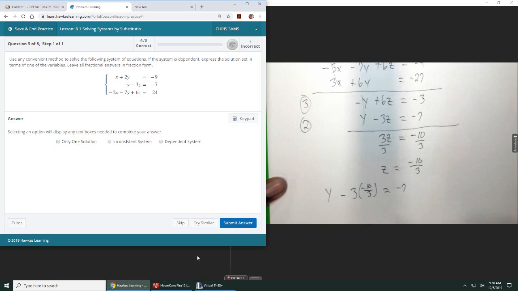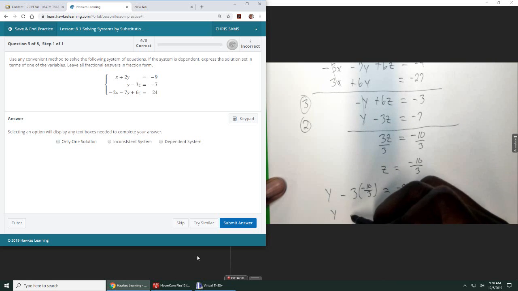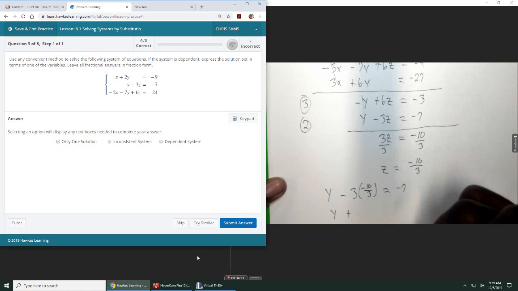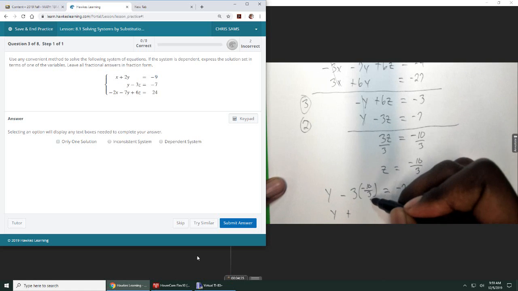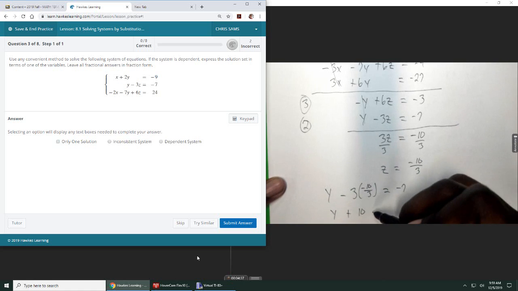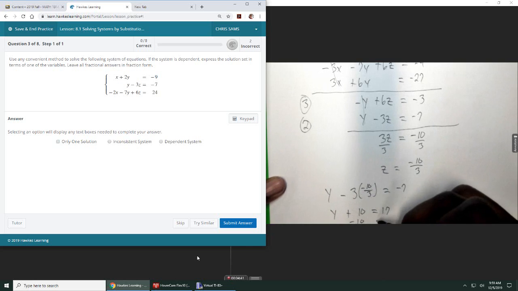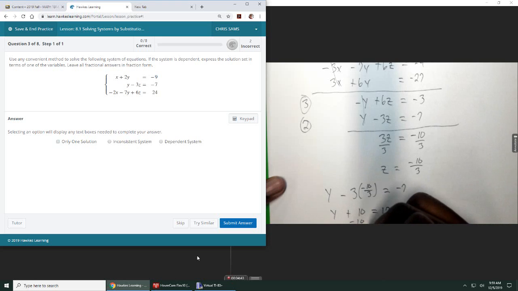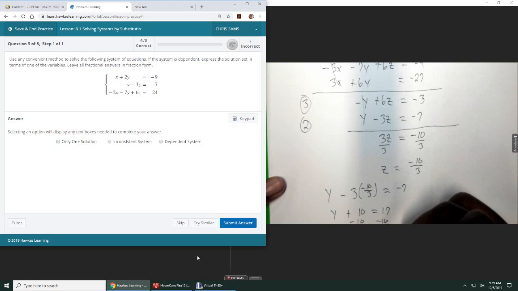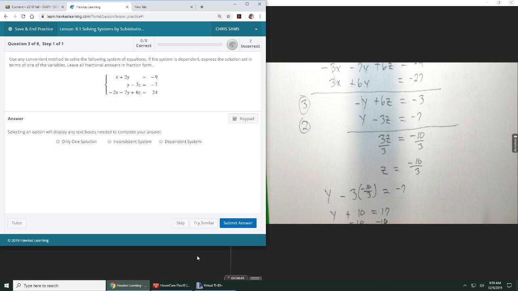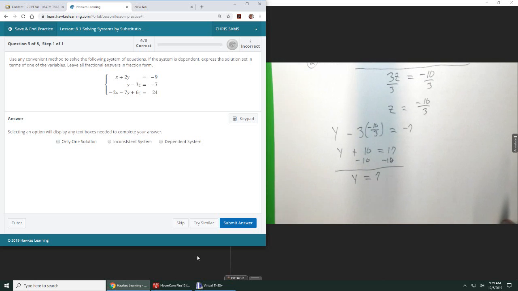And then when we do the math here, we end up with y plus, because the negative times the negative is a positive, 3 divided by 3 will go away, and we'll end up with 10 equals negative 7. And then we subtract 10, and we end up with y equals negative 17.